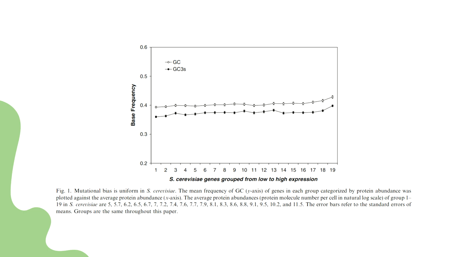The first result, in this graph, is the base frequency of S. cerevisiae. And as you can see, there is no significant difference in the mean frequency of GC, which means that this frequency does not reject the null hypothesis.